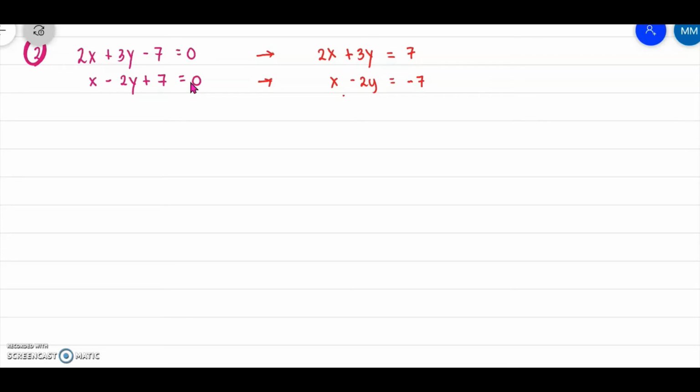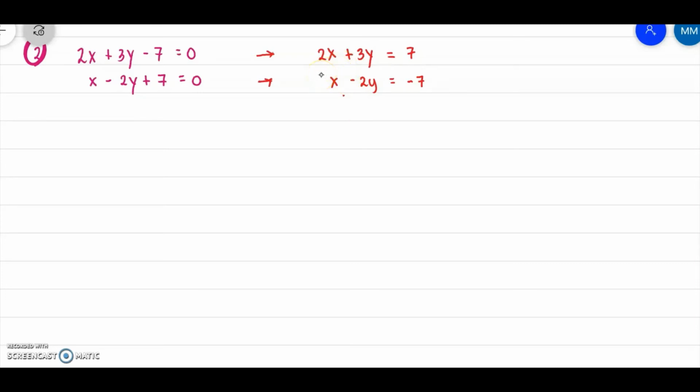No, it will not give us 0, so we cannot eliminate the variable x right away. How about the variable y? Positive 3y plus negative 2y, will it give us 0? No, meaning the variable y cannot be eliminated right away also.